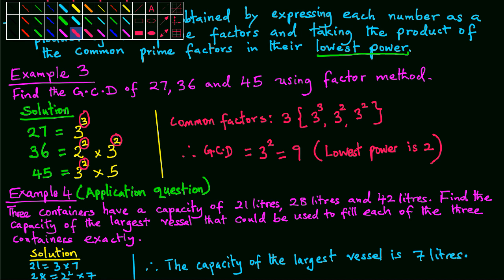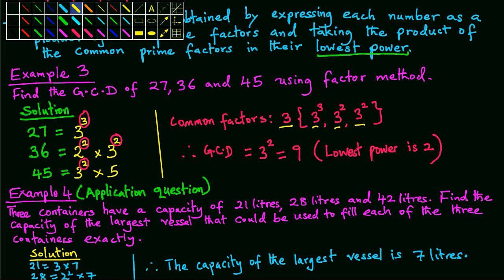So in this list, the common factor is, in this case, 3. In 27, there is 3 power 3. In 36, we have 3 power 2. And in 45, there is also 3 power 2.